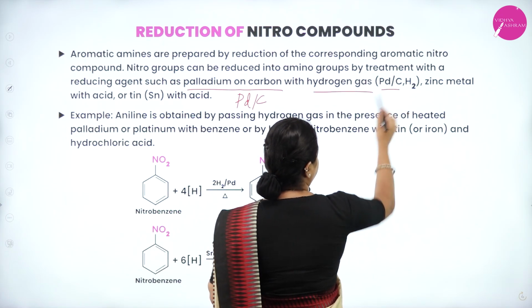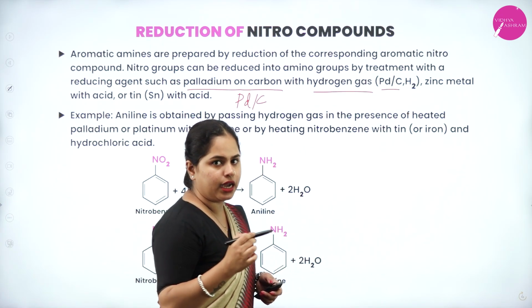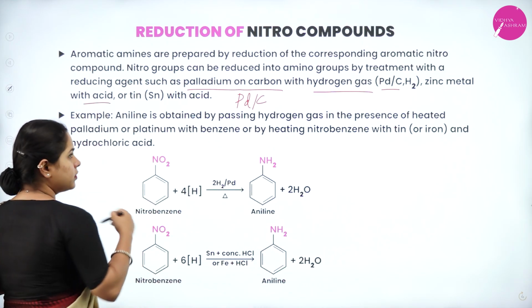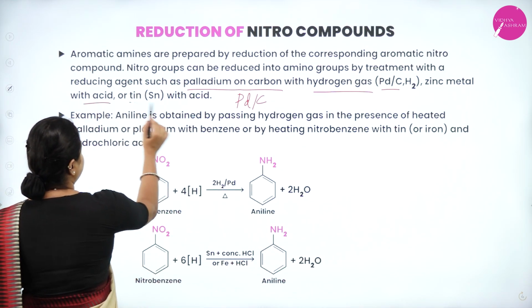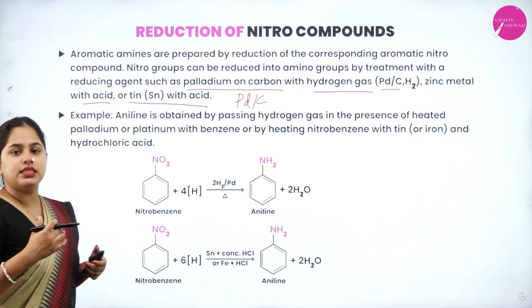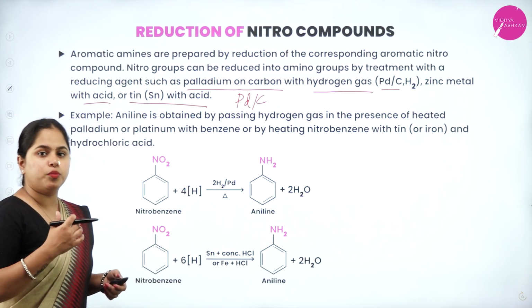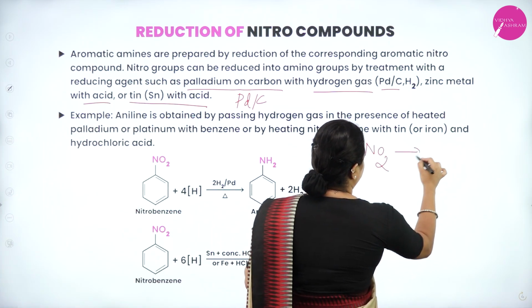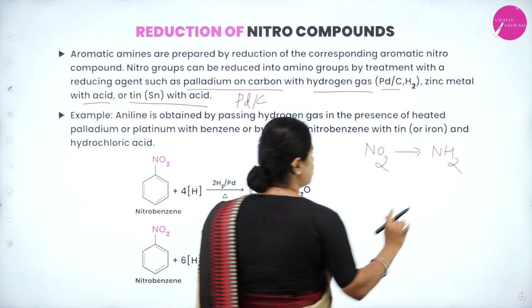That is, you can see here Pd/C, that is palladium on carbon, with hydrogen gas, zinc metal with acid, another option, or else tin with acid. Okay, acid can be HCl. So using this reagent, we can reduce nitro group to amino group. So what is happening here is NO2 will be reduced to NH2. That is what is going to happen.